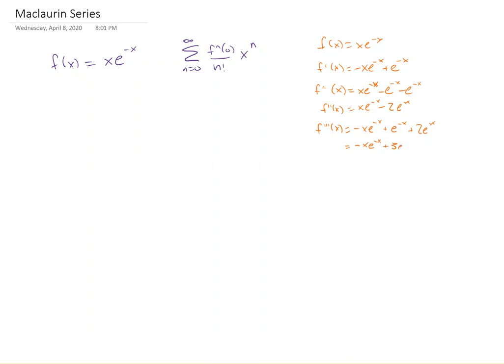I'm breaking a sweat already. I'm starting to see a pattern, kind of, right? There's like 1 e to the negative x here, a negative 2 here, a plus 3. So, hopefully we'll do one more. I think that's just going to be x e to the negative x minus e to the negative x minus e. I think that pattern is going to hold true.